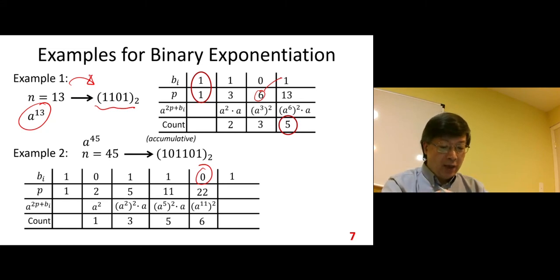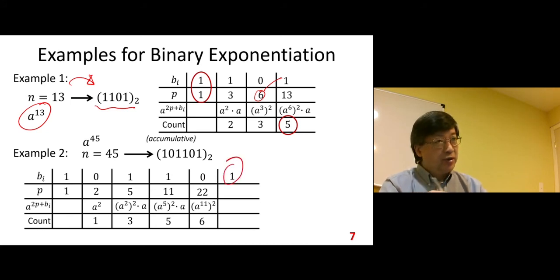All right. The next one, the last one, it is 1, so square the previous power times another base. That's this. Okay? 2 more multiplications, you get 8 multiplications. Then the P, 2 times 22 plus 1, 45.